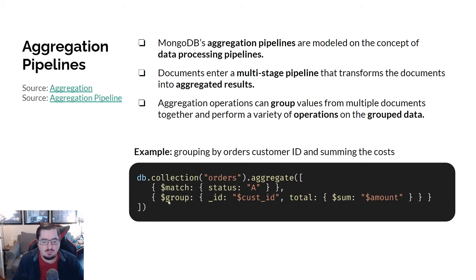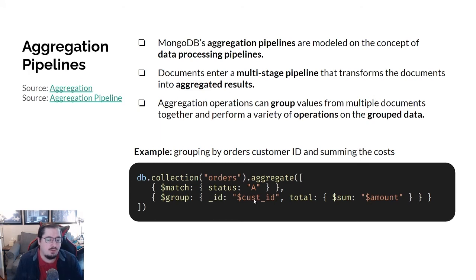And then after I've done that, I'm going to group all the orders that remain and say, well, let's group them by the customer ID. And you'll notice there's kind of an interesting syntax happening here. This $ sign in here, $customerID, that $ sign means that it's a field in the input collection of documents.